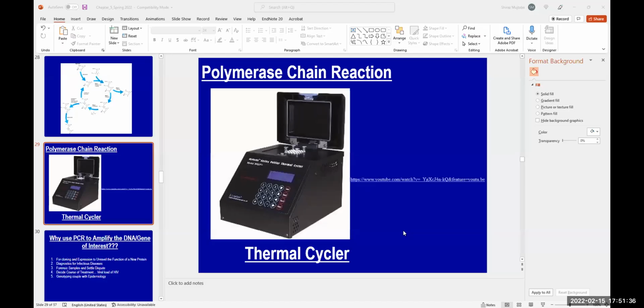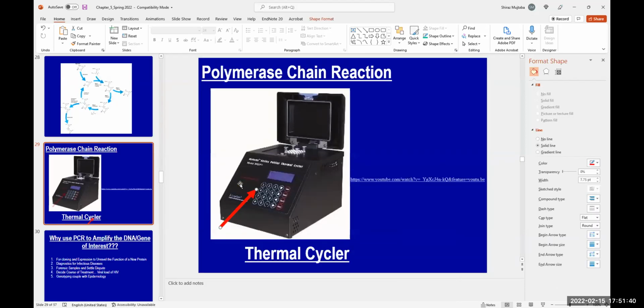So this is essentially a PCR machine, right? This is an old model. But now they're very small. You can keep it in your backpack, and they're much more stable. These are the buttons where you can feed in the temperature and number of cycles.